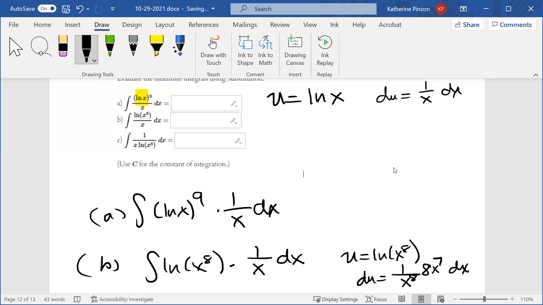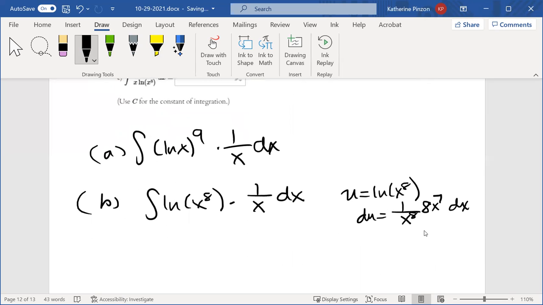Let's simplify that because I only have 1 over x left here. So 1 over x to the 8th times 8x to the 7th is what? 8 times x to the 7th divided by x to the 8th, which is x to the -1 or 1 over x.